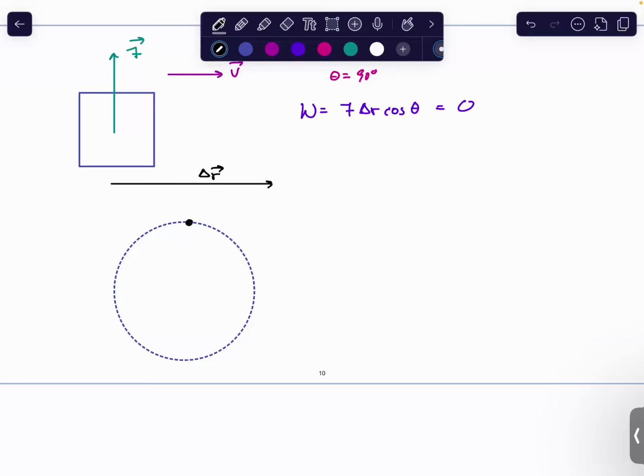So I have some particle going around the circle. I have the center of the circle. So now I have a tangential velocity going that way. So remember, that's my linear velocity. What way is the force pointed?